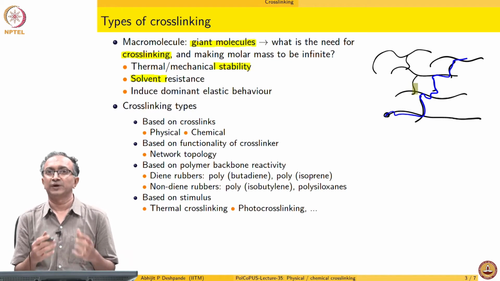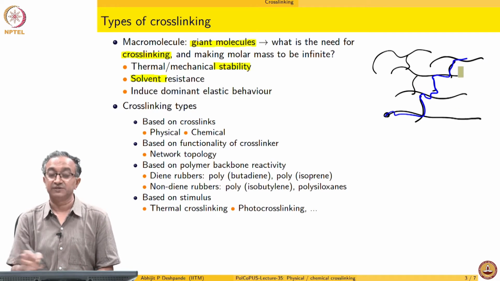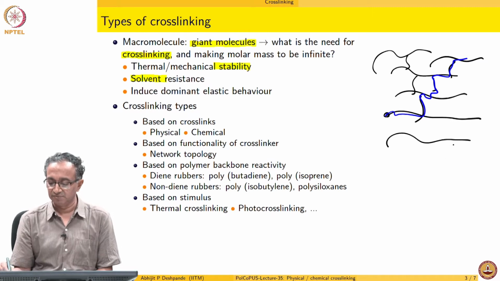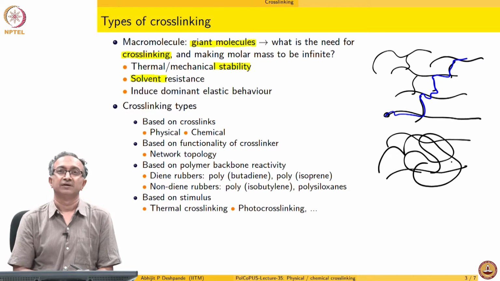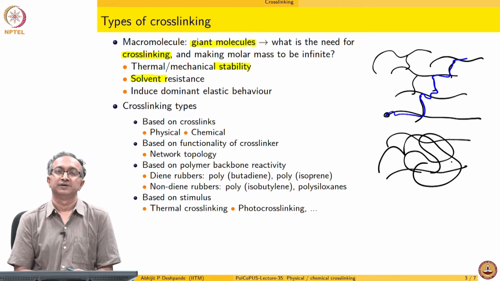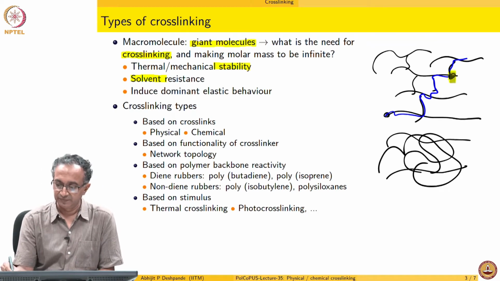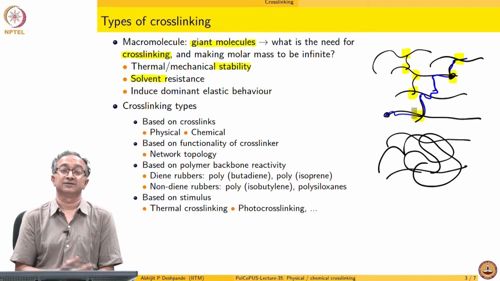Now, can you imagine why the solvent resistance of such a crosslinked polymer would be better compared to if, let's say, these macromolecules were just randomly organized, as in the case of either a branched or a linear polymer? What do these crosslinks, which are chemical crosslinks, do in terms of both mechanical stability as well as solvent resistance?